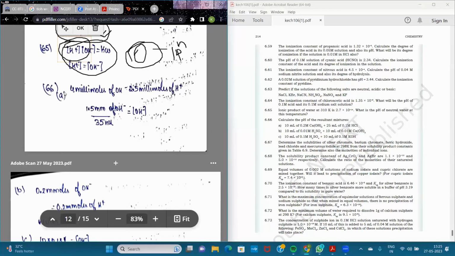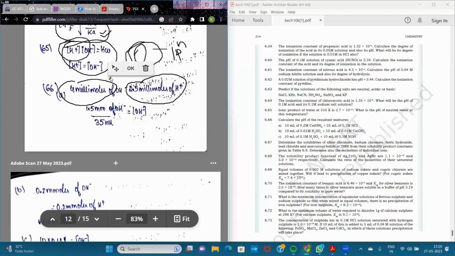66th question, calculate the pH of the resultant mixtures. Here you need to carefully observe whether the number of millimoles of OH minus and H plus are equal or not. In the first case, millimoles of OH minus are more, so the solution would be basic in nature. You need to find the number of OH minus left here.